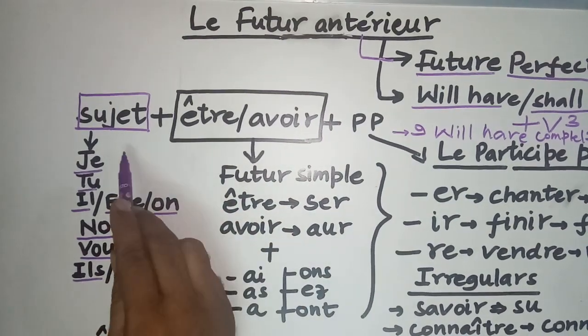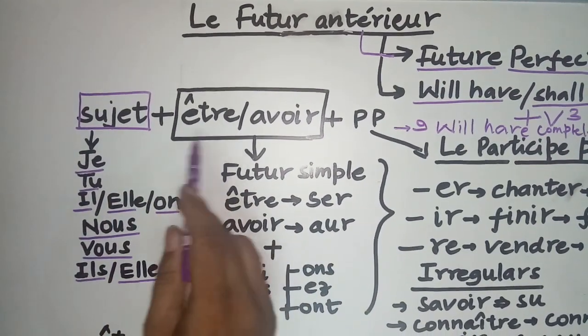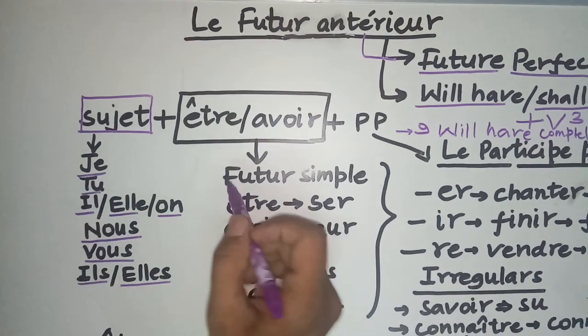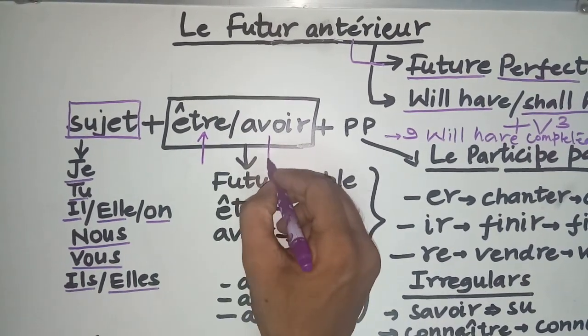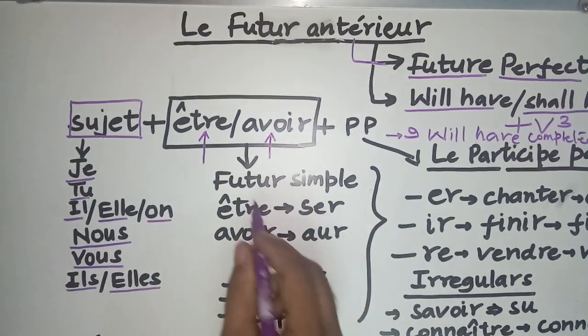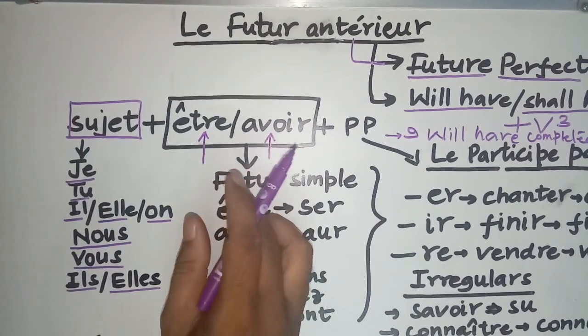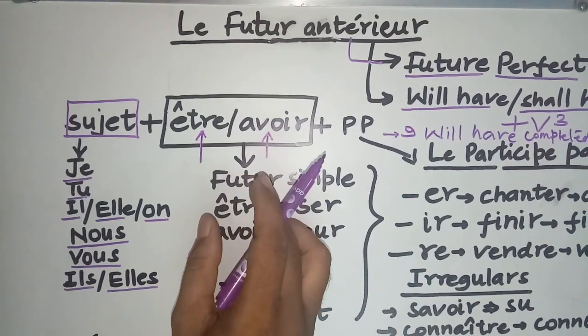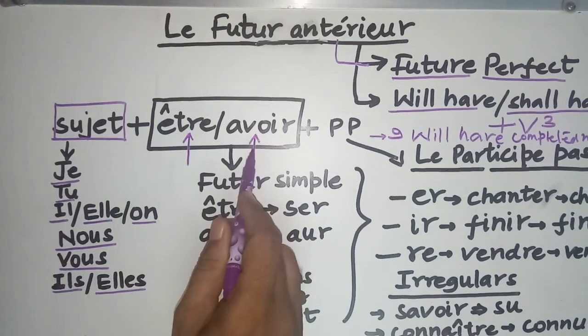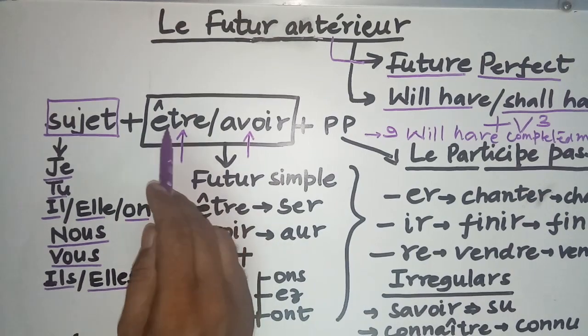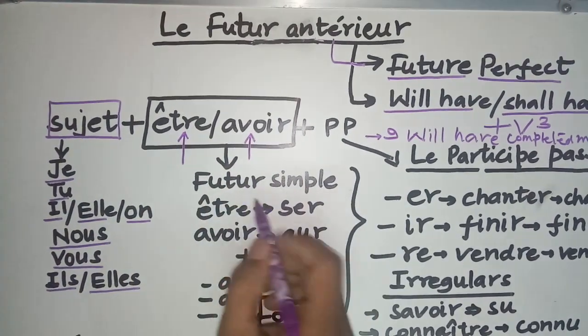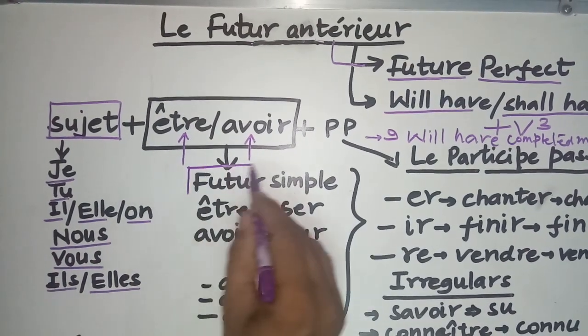As per that, now we come to the second part. That second part is the être or avoir verb. So you'll think about which verb conjugation or which tense is here for être and avoir. So students, friends, let me tell you, être and avoir will be in the future simple tense.